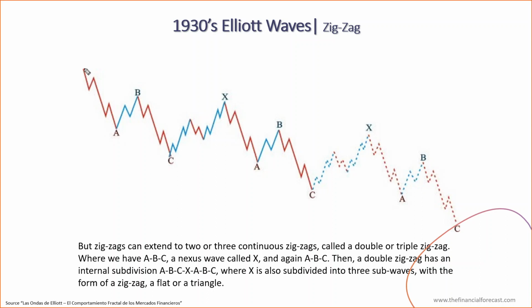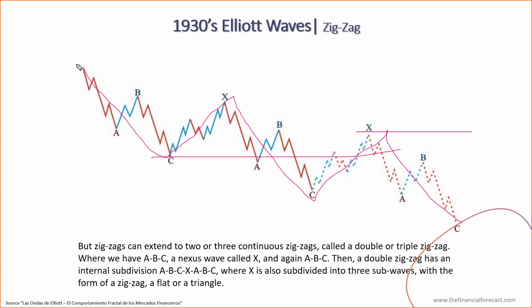I will show you. A zigzag is formed by 3 waves, A, B, C in this case. 1, 2, 3, 4, and 5. So in this case, we also have a 5-wave pattern, but it's built with zigzags. And of course, the rules that we saw before are not valid, because in this case the wave in the 4th position is entering the territory of the first wave.